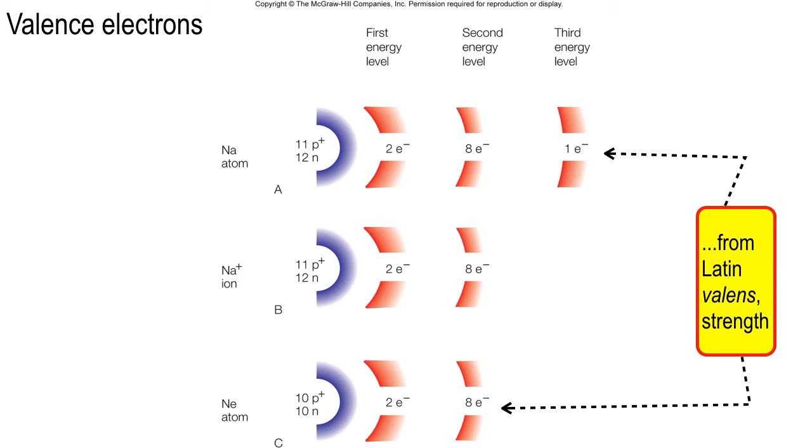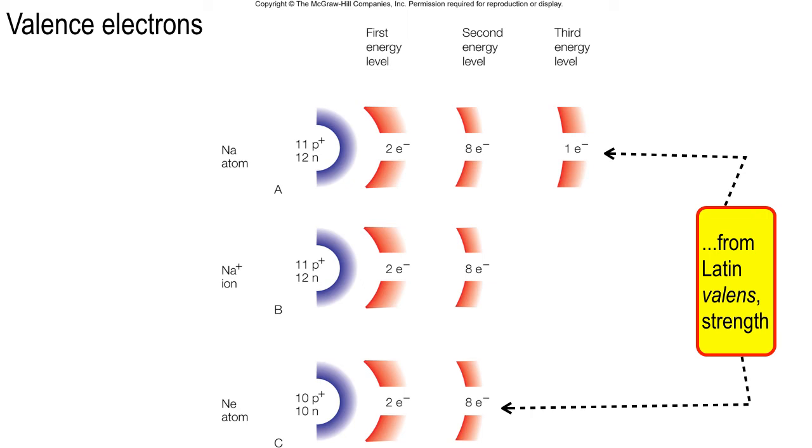Anyways, the point is that the outer levels of this sodium ion are like the outer electron levels of a neutral neon. Okay, so here's the neon atom, 10 and 10: 10 protons, 10 neutrons. And then 2 in n equals 1, 8 in n equals 2 over here, right?